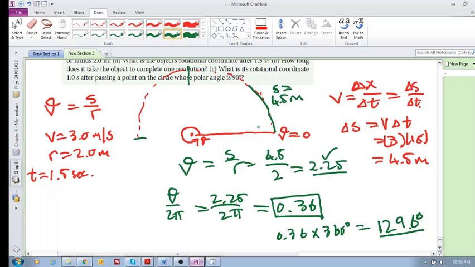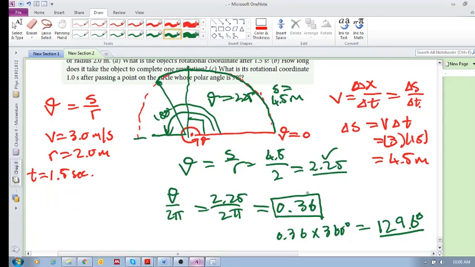So we know that that's 90 degrees, and that's 180 degrees. So 129 is kind of somewhere there, right? So actually 4.5 meters was there. That rotational coordinate from there to there is 2.25. In degrees, it's 129.6. In terms of revolutions, it's 0.36.